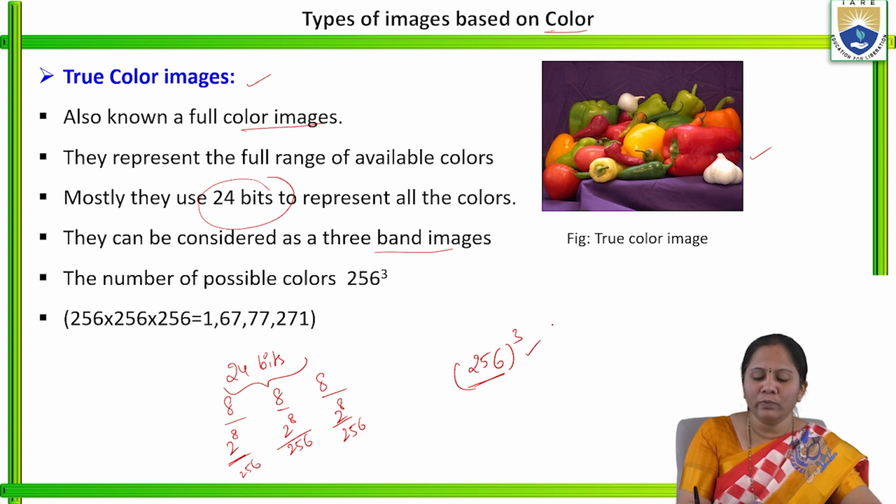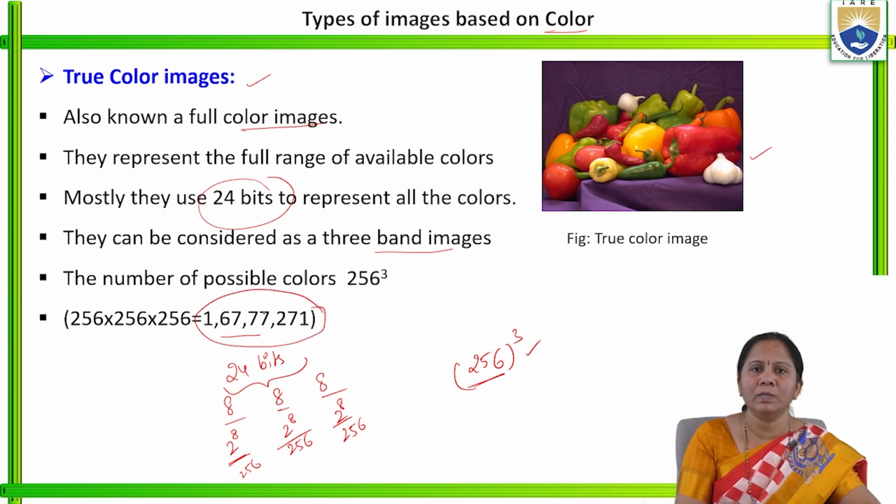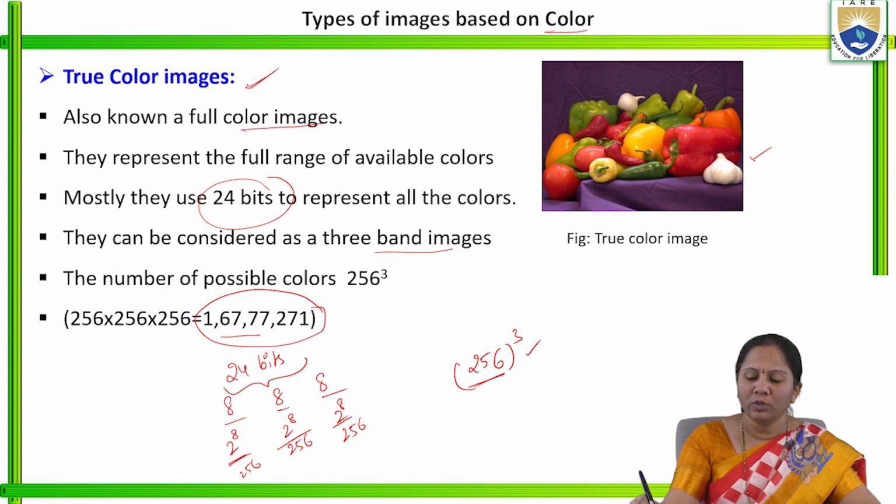These many different shades of colors will be available in true color images. If we observe this particular image, all the colors are available. So true color images are also called full color images.